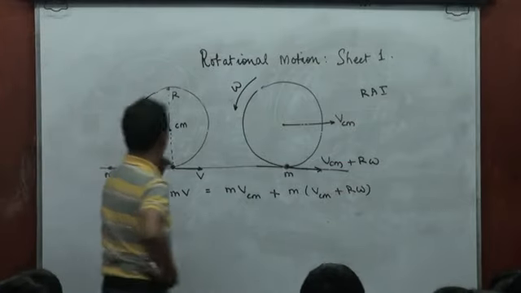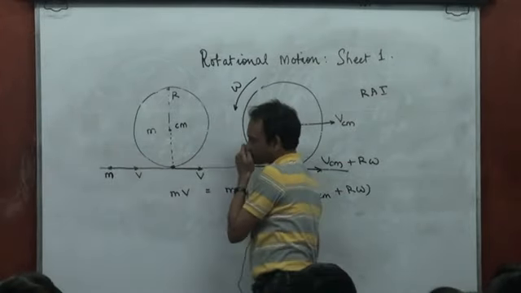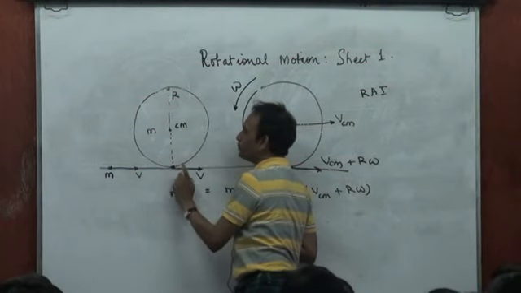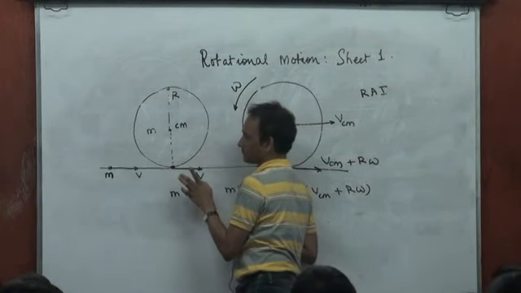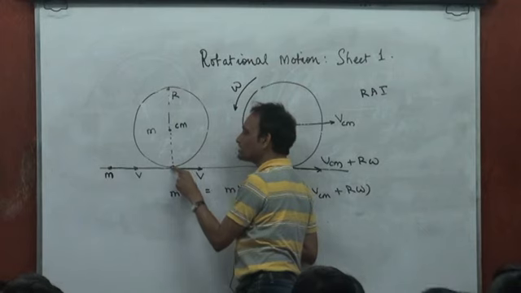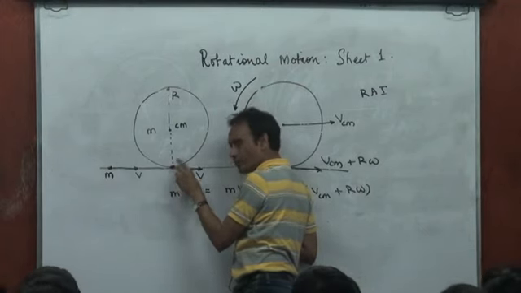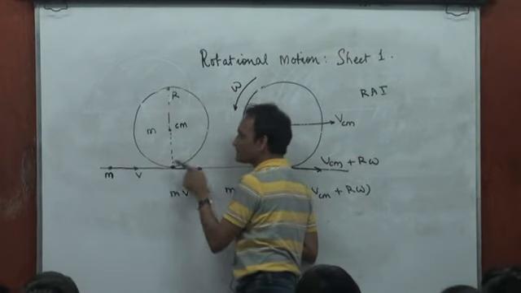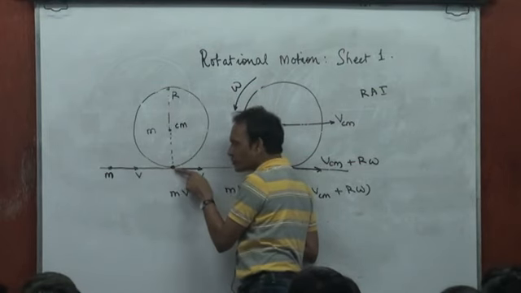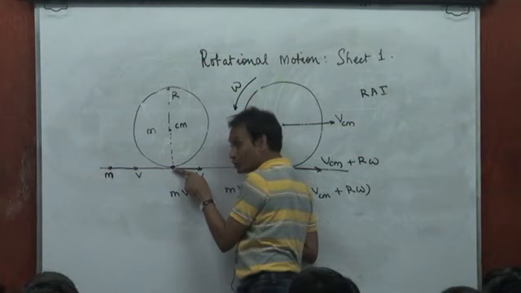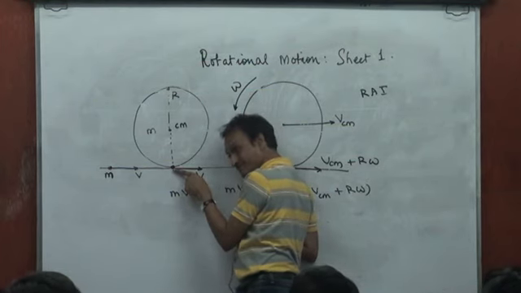In this case, for example, for the hoop plus the bullet, the hoop has no angular momentum about this point because it's at rest. The bullet has its line of action of the velocity passing through this point. So the bullet also has no angular momentum about this point. Yes or no? About the point of impact.